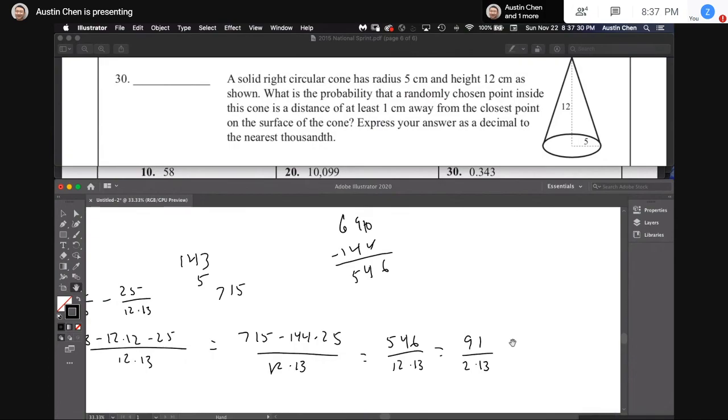What? What is wrong here? You should have used the big triangle. Yeah, something's wrong here.